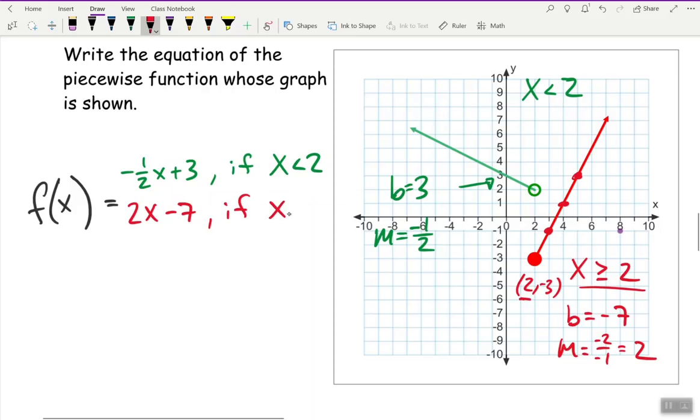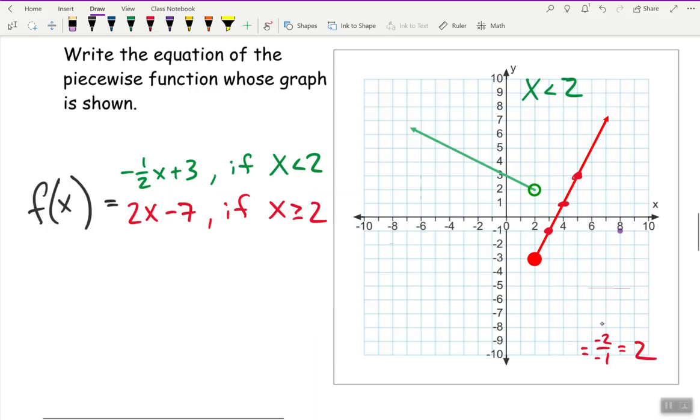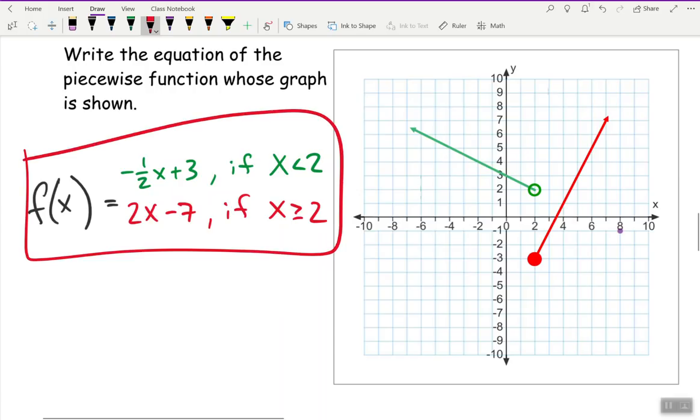So greater than or equal to 2. And that's all we do. That's how you write the equations of a piecewise function. Now, none of this is part of that. That was just our work shown. So that's what you can write on those to get our answer.